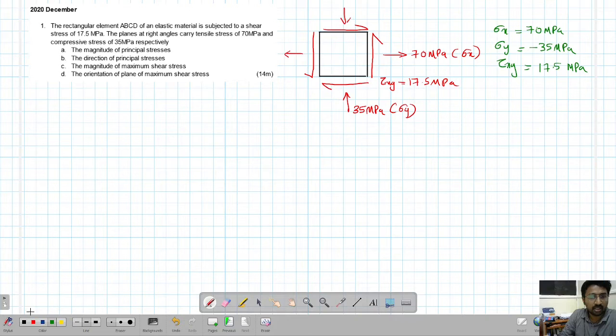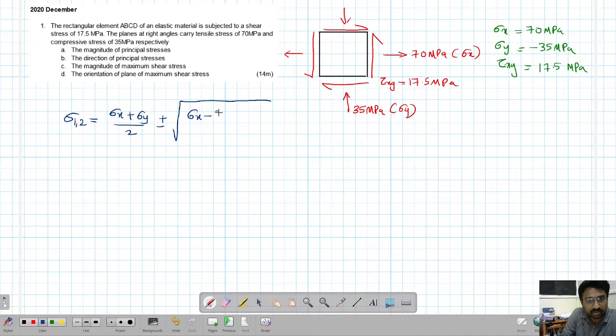How to solve this? This is a direct problem where you just have to apply the formula. If you remember, the formula for principal stresses 1 and 2 is sigma x plus sigma y by 2, plus minus under root of sigma x minus sigma y by 2 whole square plus tau xy whole square.